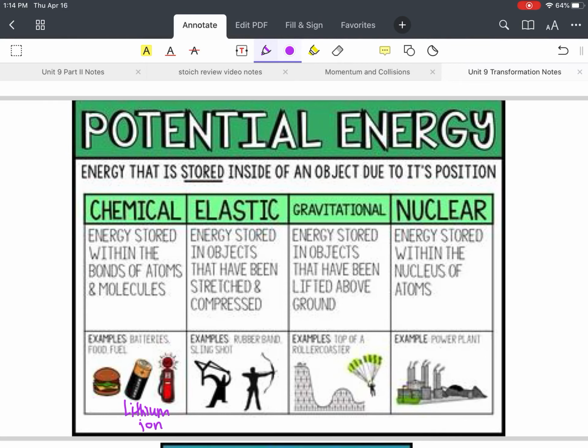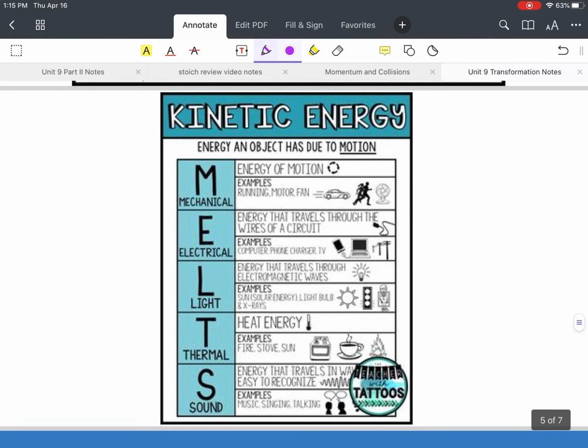Gravitational just has to do with how high you are. So that's like the two skiers example. The higher off the ground, the more gravitational energy you have. And then we've talked about nuclear energy before. That's the energy that's stored within the nucleus of the atom. We can either have fission or fusion. Somehow we're separating or combining those atoms to create energy. And that's like those nuclear power plants that we talked about.